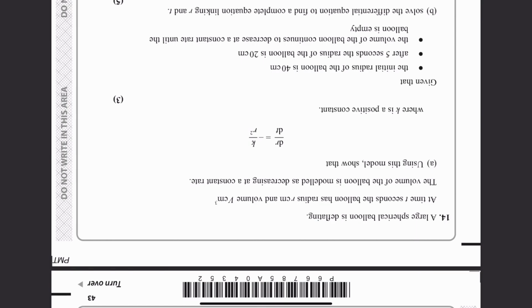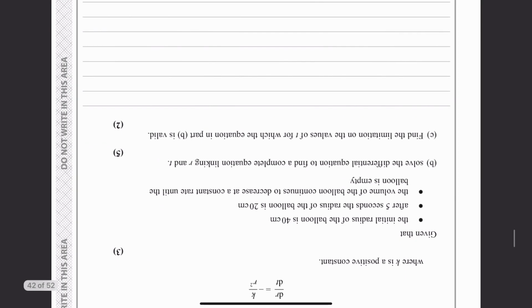Using this model, show that, okay, so the volume is decreasing at a constant rate. So that's basically saying dV over dt is k. No, hang on, negative k, because it's decreasing.